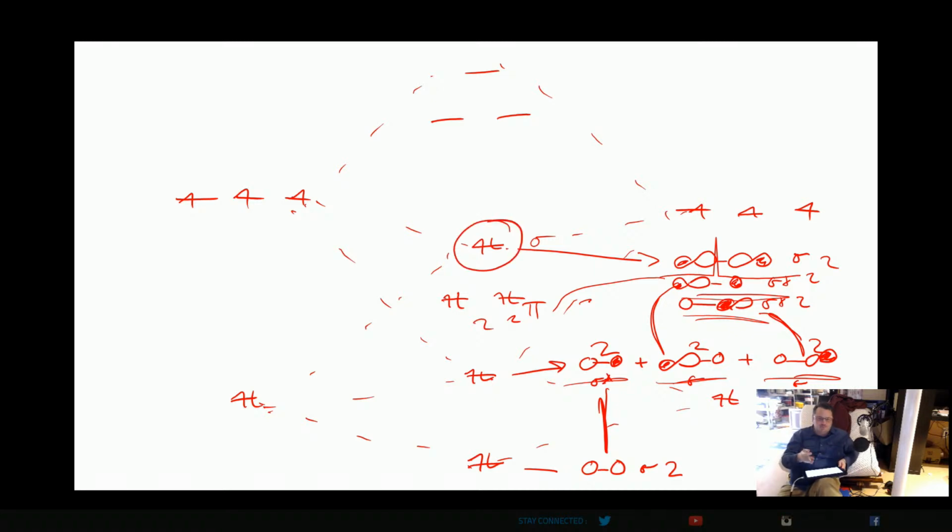Similarly, this right here in a non-mixing case would only be a completely sigma bonded one, and so that one should be low in energy. But now, because we're adding two anti-bonding combinations to it, that's going to destabilize it and push it up in energy. That's the reasoning behind why the lower energy one moves even further down, and the higher energy one moves even further up: the lower energy one is gaining bonding combinations, whereas the higher energy one is gaining anti-bonding combinations.